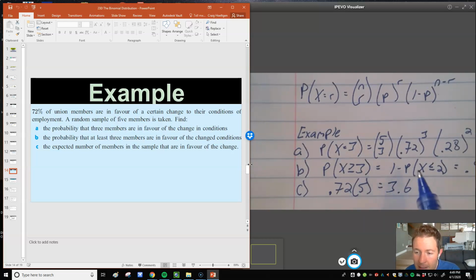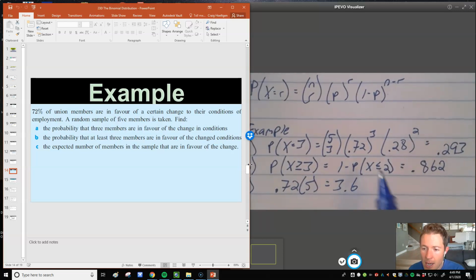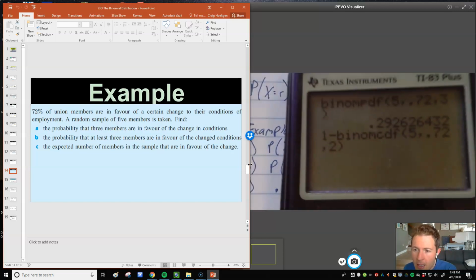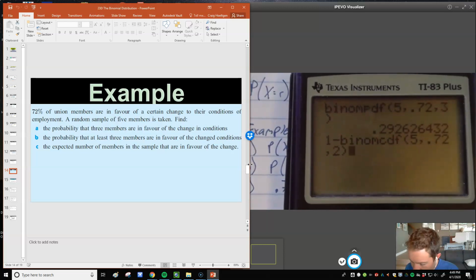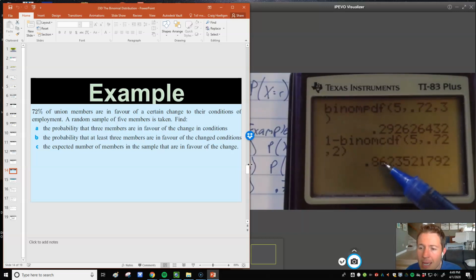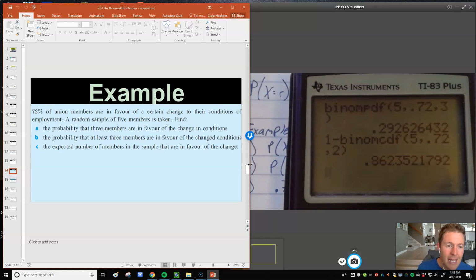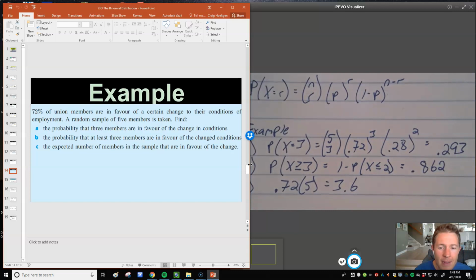So 1 minus the probability of 0, 1, 2 is the same thing as this. Practice that if that feels cloudy for you. Okay, so this piece is going to be the CDF function. So let me find that in my calculator real quick. So doing that, 1 minus binom CDF, number of trials, probability of success, and 2. And you should get the probability of that happening, 0.862.